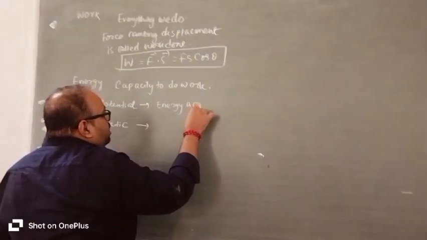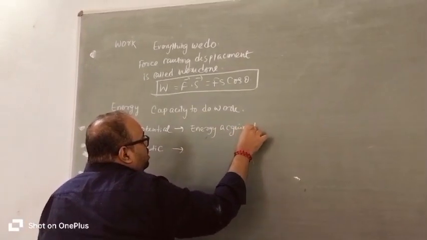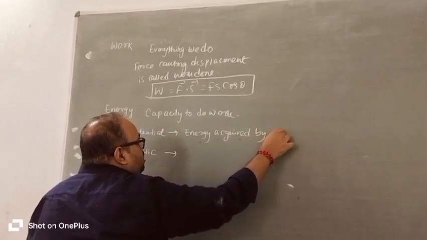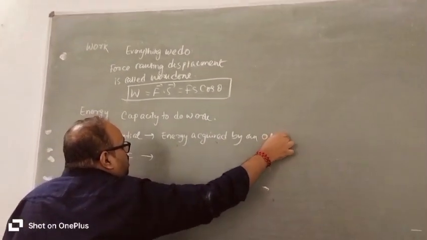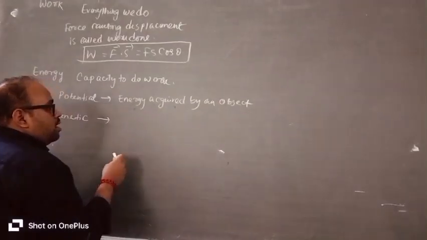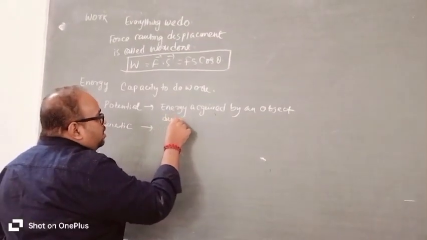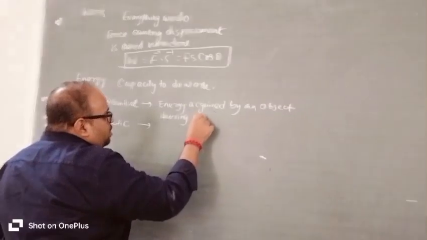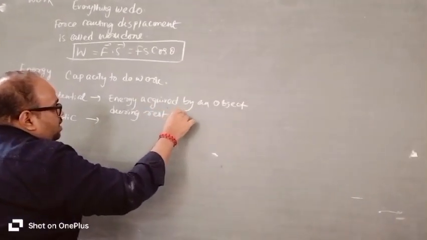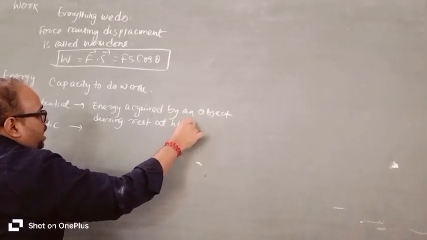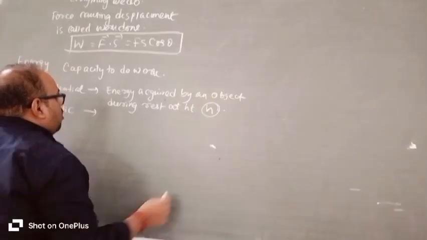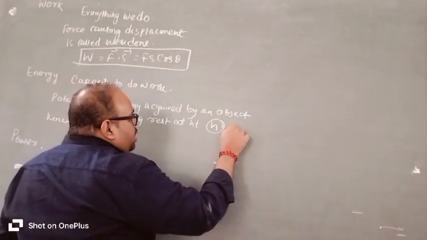Potential energy is the energy acquired by an object during rest at height.